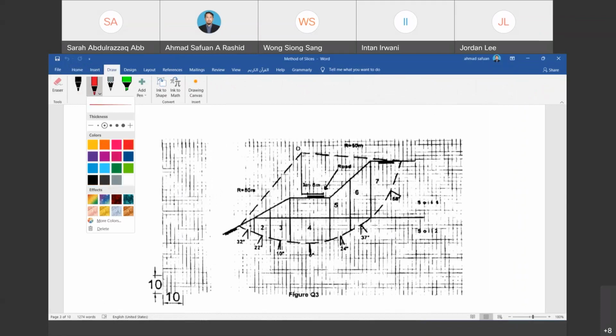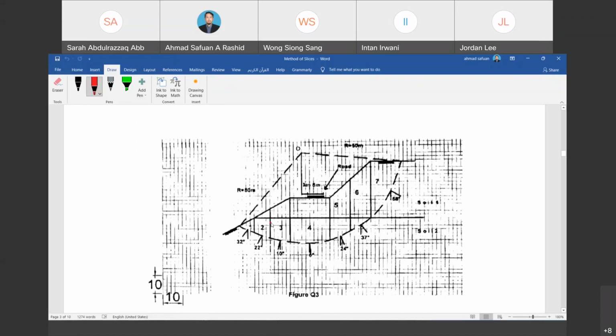For example, to begin with, the first thing is we need to determine the B value. For example, for slice number 3, we draw a line here, or we can count the number of boxes.